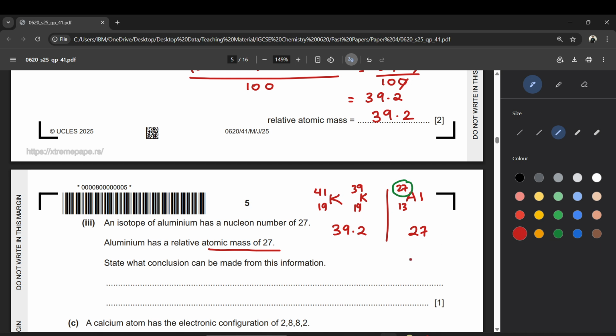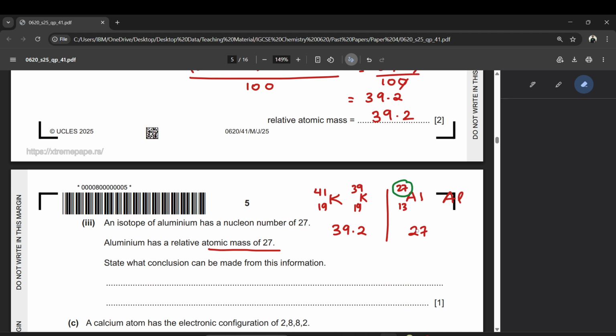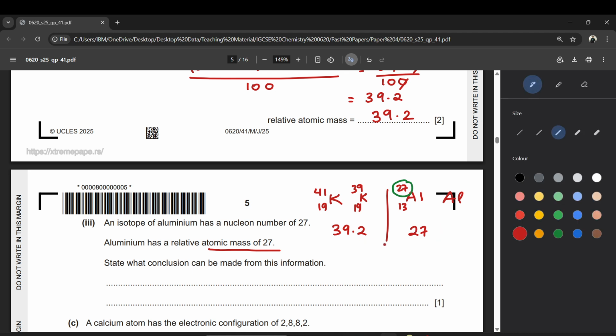The conclusion that we can draw from this is that aluminium has only one isotope, because if it would have had another isotope, the number would have been a bit different. It might have been 27.1, 27.2, or 3 or anything else, but it could not have been exactly 27. So because it has exactly 27 AR value, that tells you that it only has one isotope.